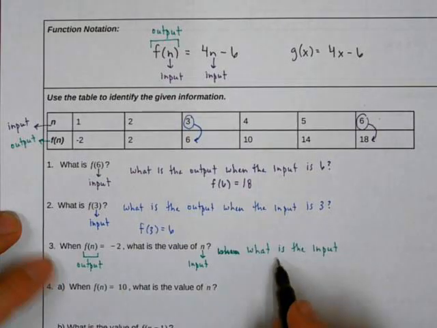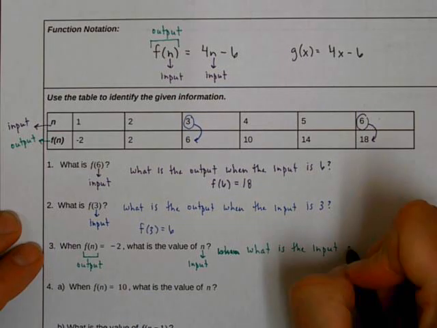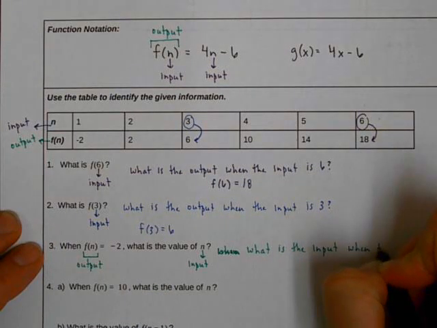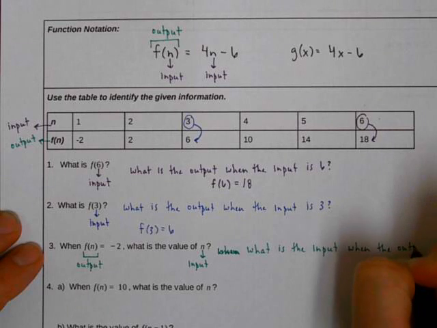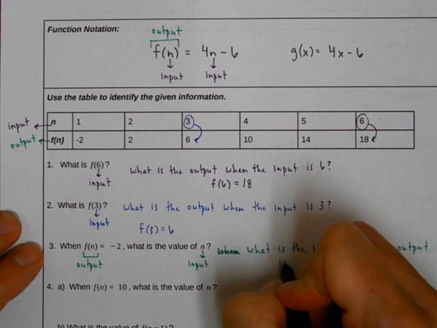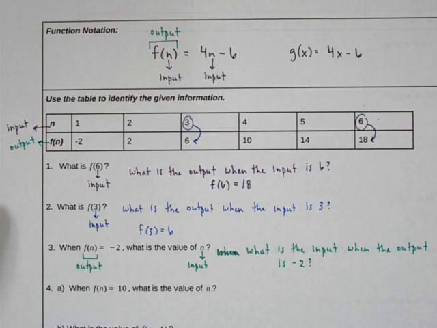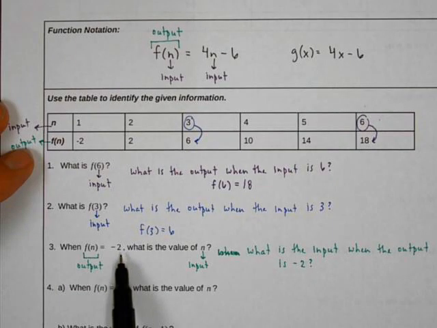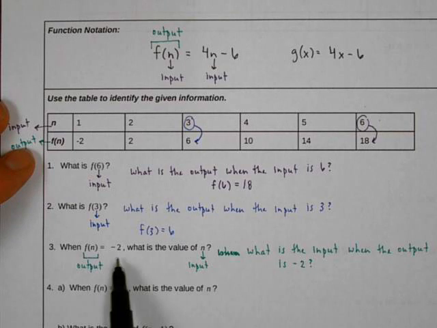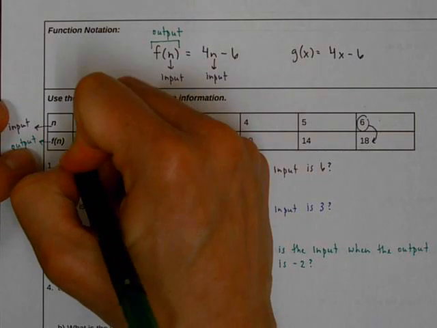So the question is, what is the input when the output is -2? So now I have to look at the table a little differently. I know that my output now, my f of n, is -2, so I'm going to start there.